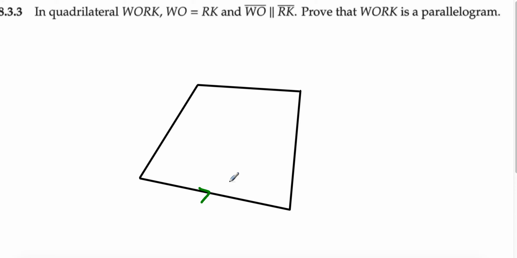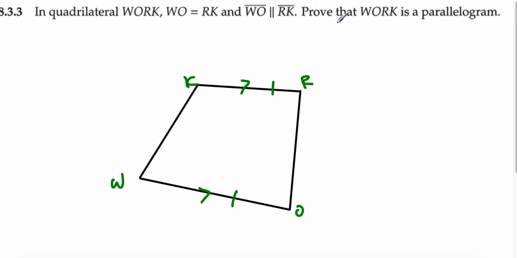So let us say this is parallel to this one. So WO, RK, they're parallel. And then WO is in fact equal to RK. So this side is equal to this side. So we have one pair of opposite sides that is parallel and congruent as well.